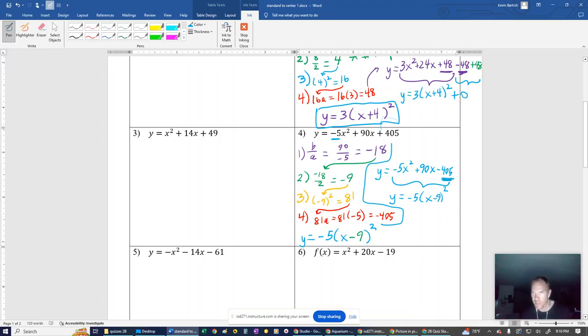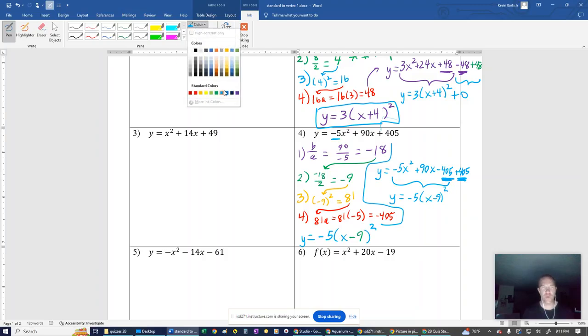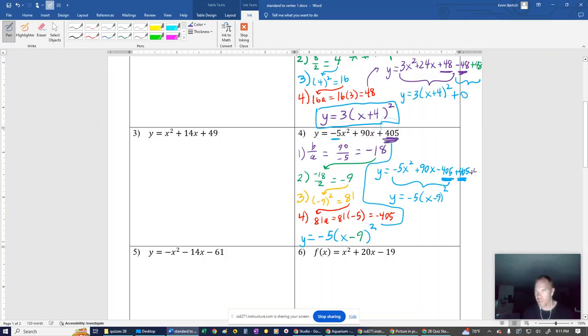So this completes the square, but then I'm going to add 405 to compensate, like, hey, I took away $405, but let me give you $405. And it compensates. But then we have another 405 that's already there, and you can't forget about that. So it's plus another 405.